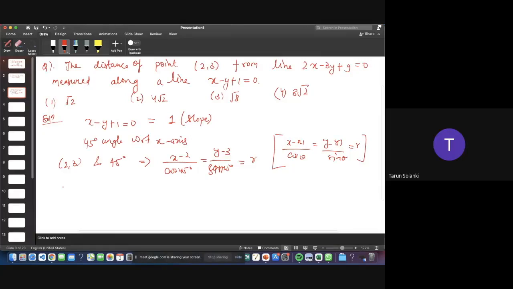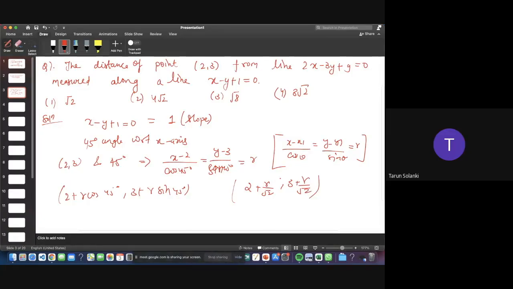After solving, the coordinates of any point are 2 + r cos 45 and 3 + r sin 45, so these will be 2 + r/root 2 and 3 + r/root 2.